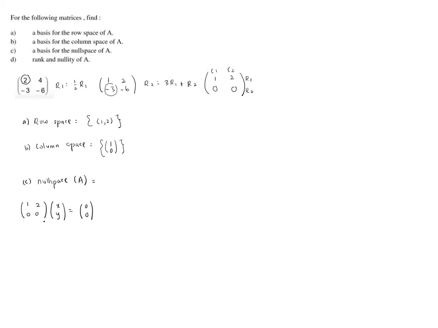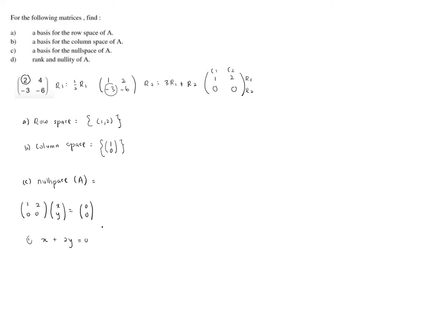Okay, so now it's a little bit different because the second equation is 0, 0. So we only have one equation, which is 1 multiplied by x is x, 2 multiplied by y, so x plus 2y equals 0. Okay, we have nothing from the second row. Sebab ni 0, 0 darab x, 0, 0 darab y pun 0. So we only have one equation.